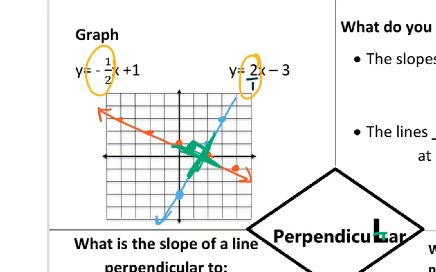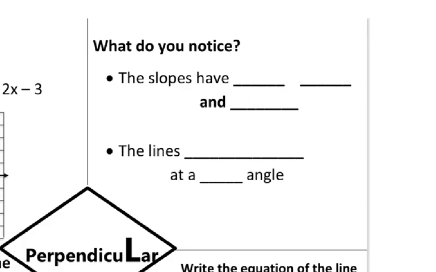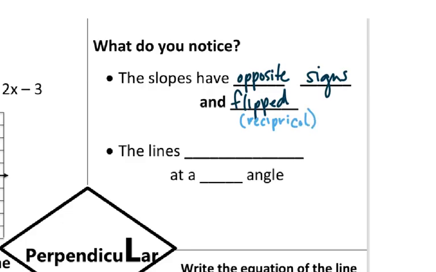So how we're going to write that is that the slopes have opposite signs and they are flipped. Another word for flipped is the fancy word reciprocal. Can I spell reciprocal?